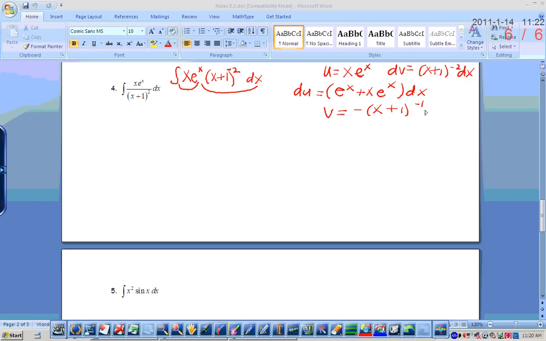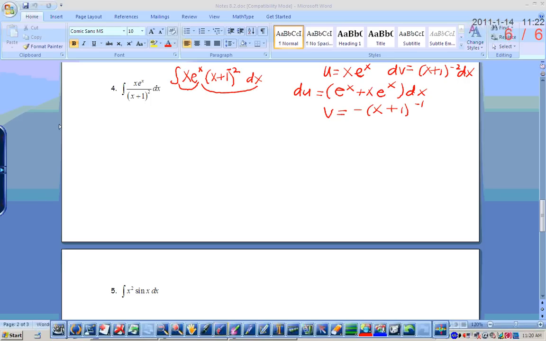Good. Okay, if you can't do that in your head, do a u substitution and let x plus 1 be your u. And therefore du is just dx, so you don't have to do any compensation there. And then you're just integrating u to the negative 2, which is negative u to the negative 1. So that's how we got that.